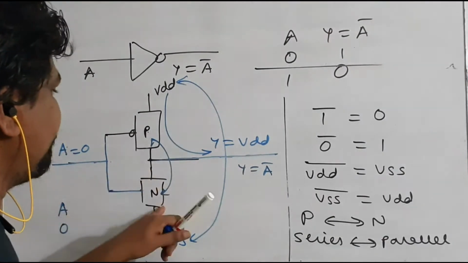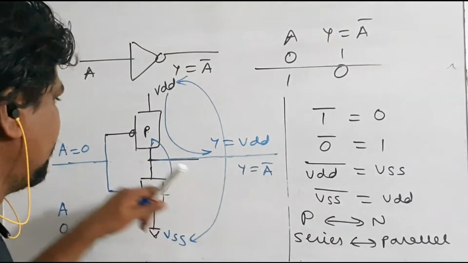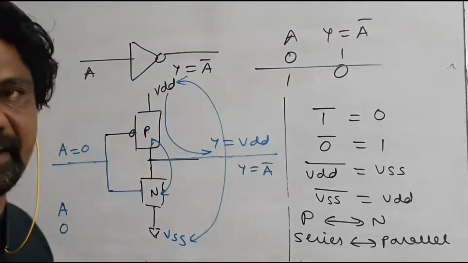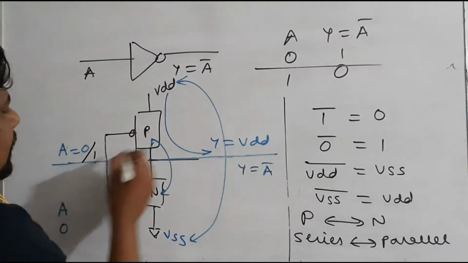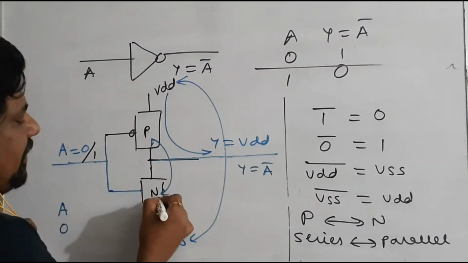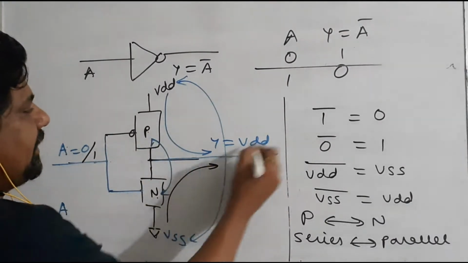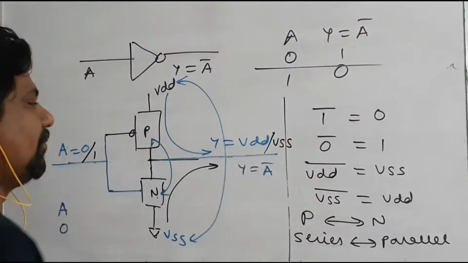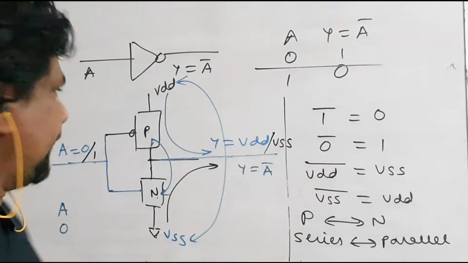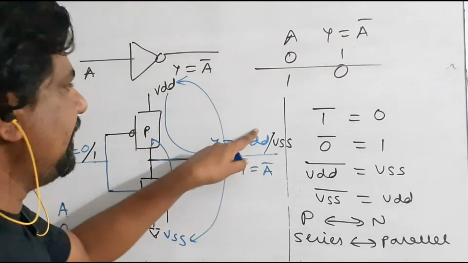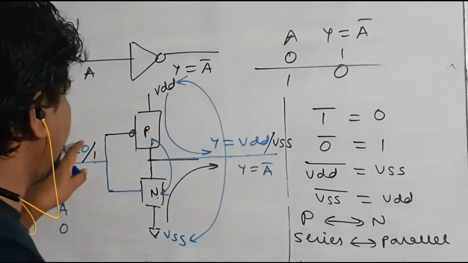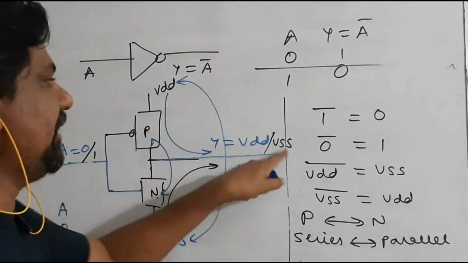At that time, N switch is in off state. That means VSS will be disconnected. Whenever A is equal to 1, this will turn off. This will turn on. As this will turn on, I will get here VSS, which is nothing but ground. Isn't it? So whenever A equal to 0, output is equal to VDD. VDD is nothing but logic level 1. So 0 complement is 1, 1 complement is 0.